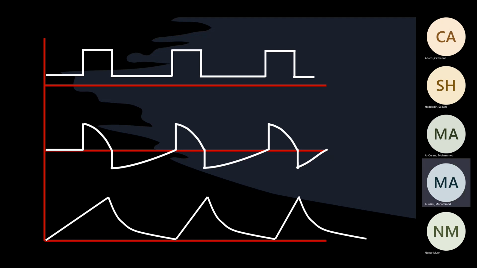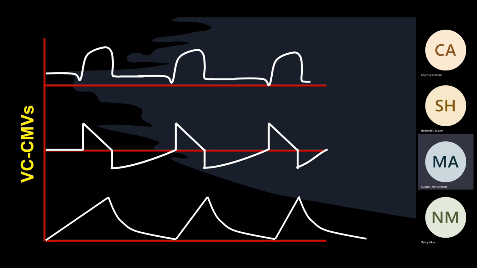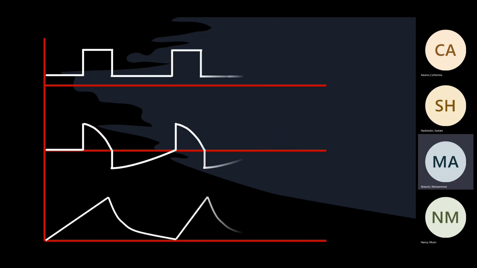Okay, what's this? So pressure is constant. Volume is the same. Oh, wait. How is volume the same? Let me go back. Look at this one, and look at this one.